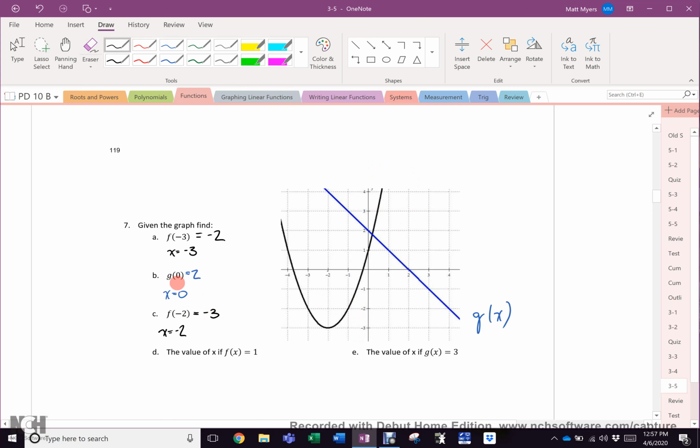Okay, let's try 2 more real quick. Tell me the g of 3 and the f of 1/2. Try them and see what you come up with.